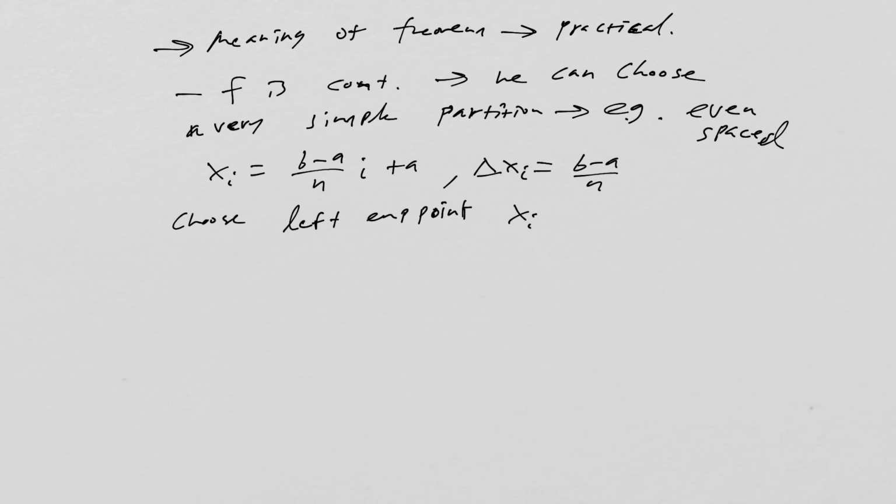So xi star simply equals xi minus 1, okay?